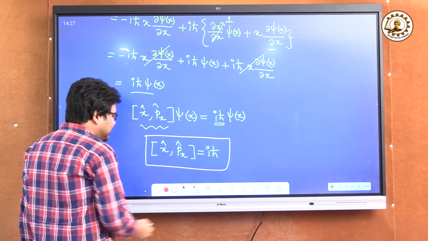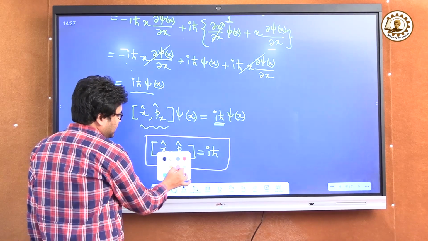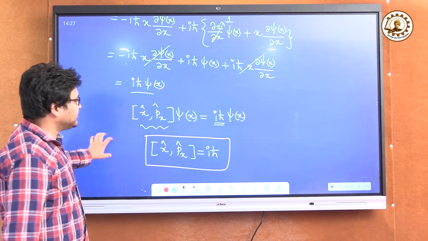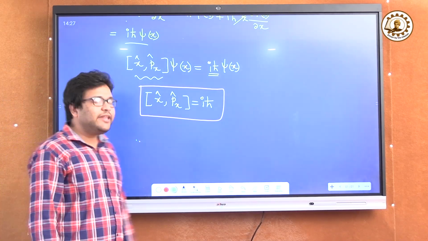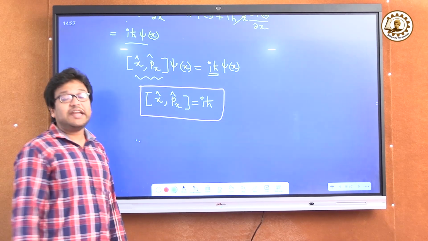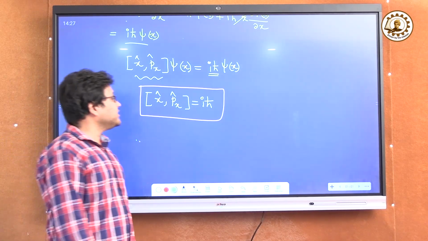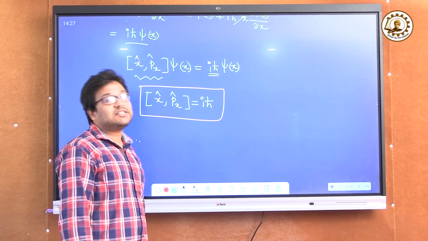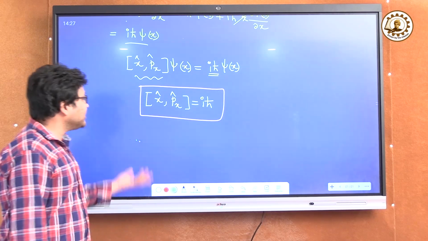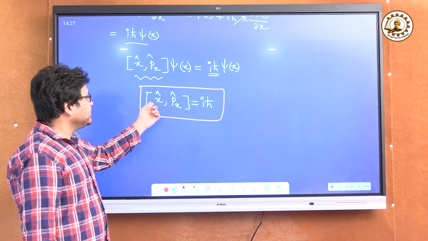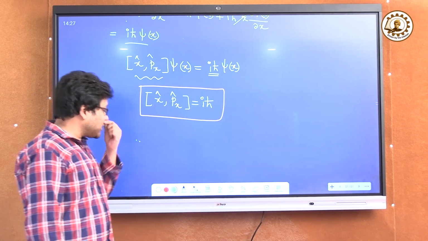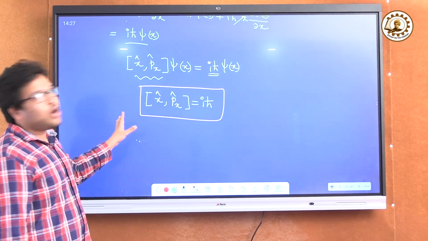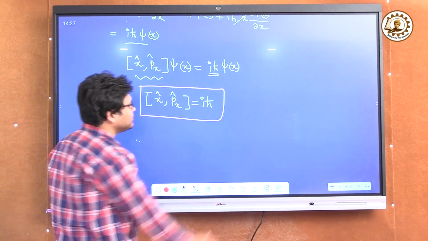Now what about its physical significance? The physical significance is that if the commutation between any two operators is non-zero, it implies that these two operators cannot be measured simultaneously. Here, as you can see, the commutation between the x cap operator and px cap operator, that is the commutation between position operator and momentum operator, is non-zero.